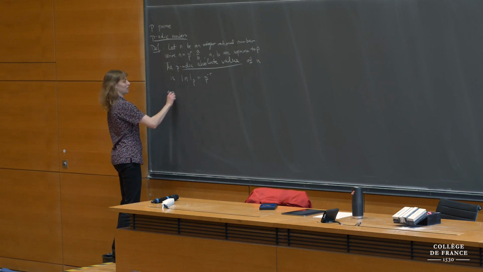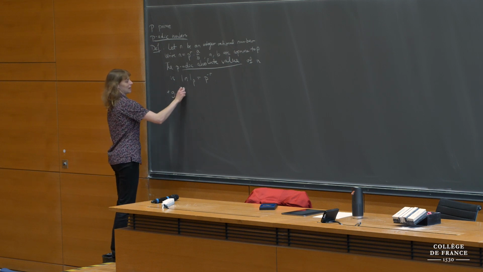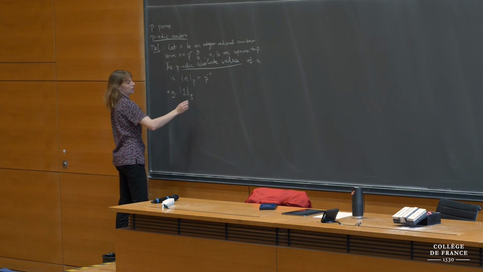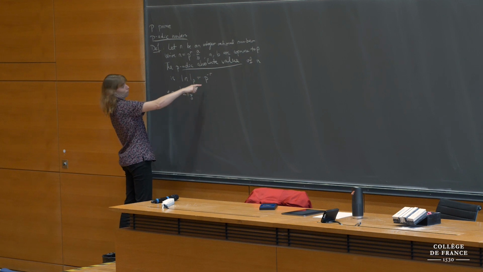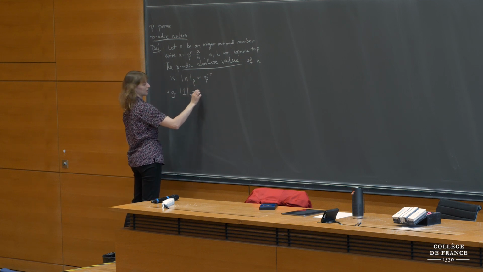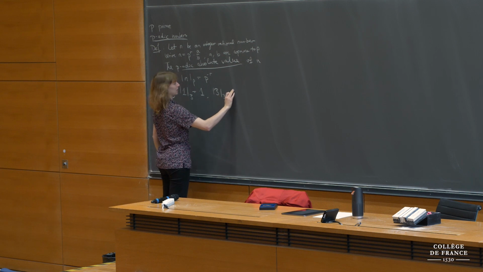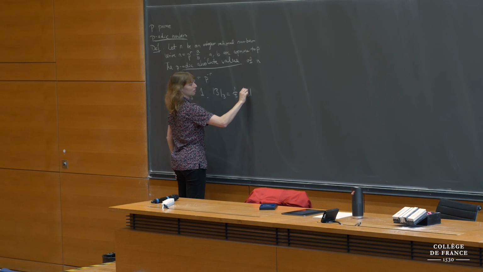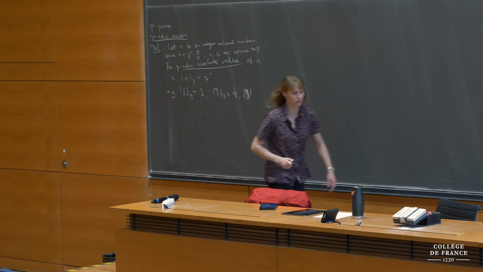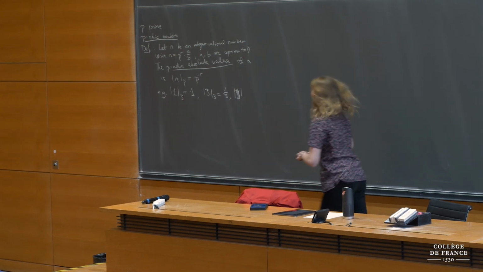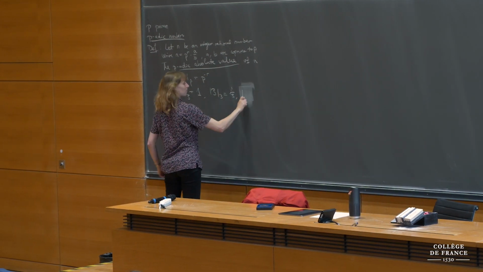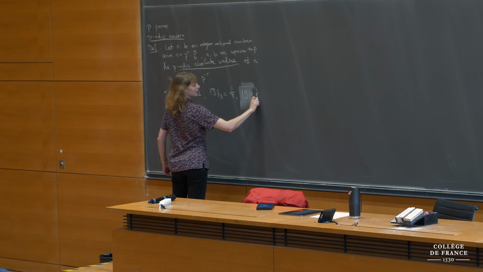So for example, for p equal to 3, the p-adic absolute value of 1 is just 3 to the 0, so that's just 1. The p-adic absolute value of 3 is 1/3. The p-adic absolute value of 9 is 1/9, and so on.